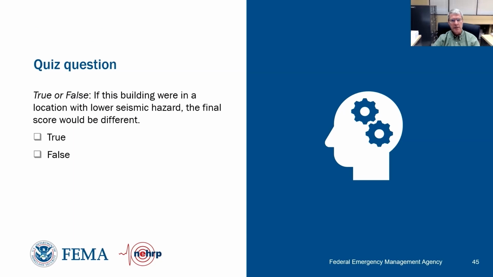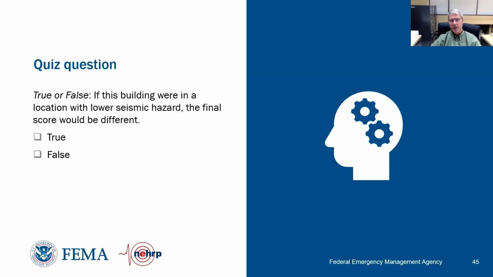Let's take a real quick quiz then. If this building were in a location with a lower seismicity, the final score would be different, true or false? We're in a very high seismic region, shaking the building very strongly.